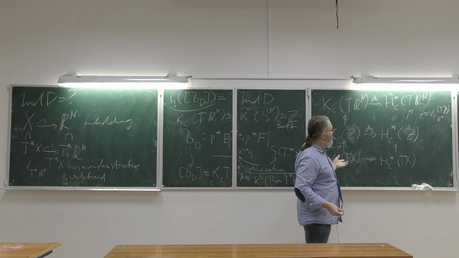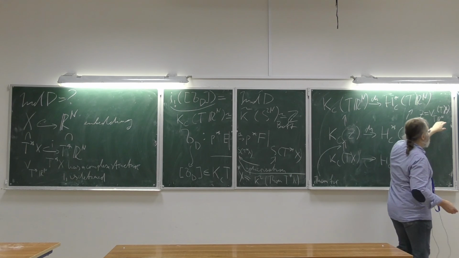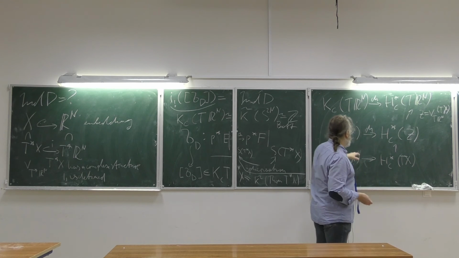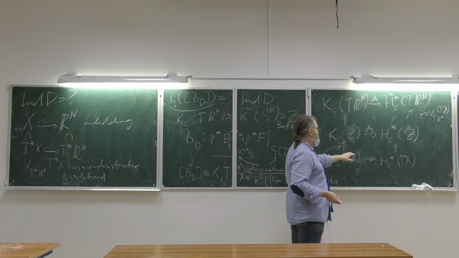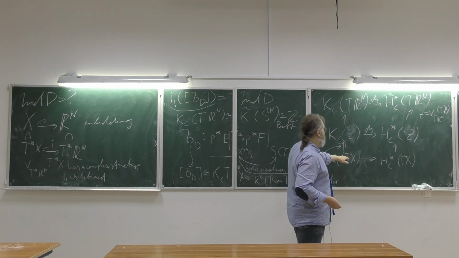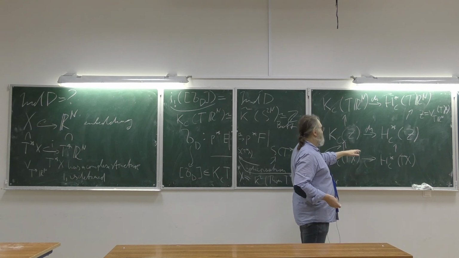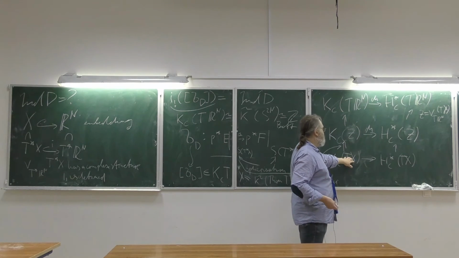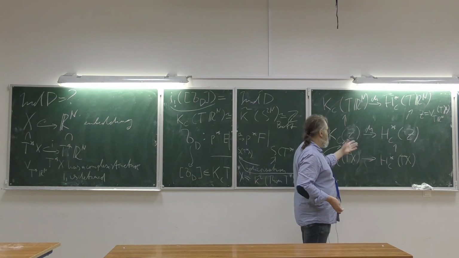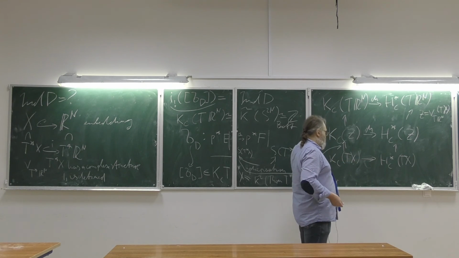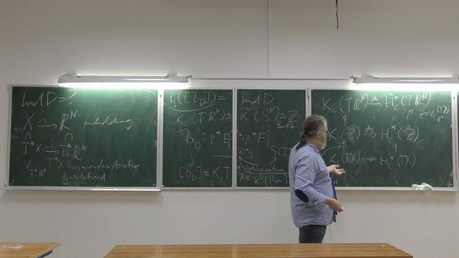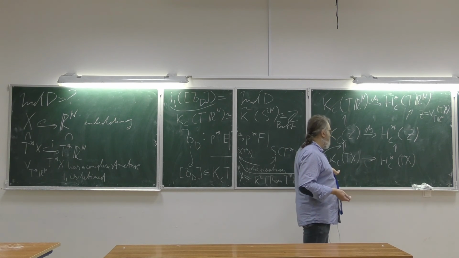A neighborhood of what? A neighborhood of TX inside T R^n. So the base is... anyway. Here we have TX, which is the space, the neighborhood of which we take.